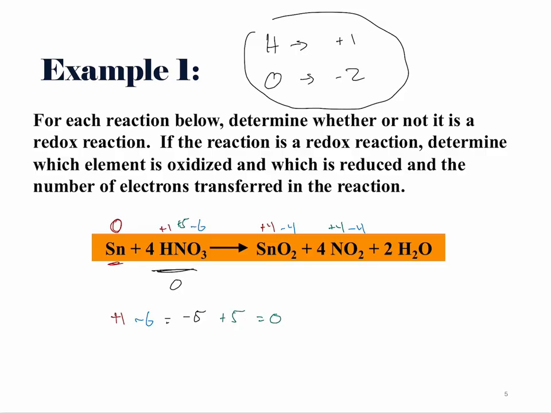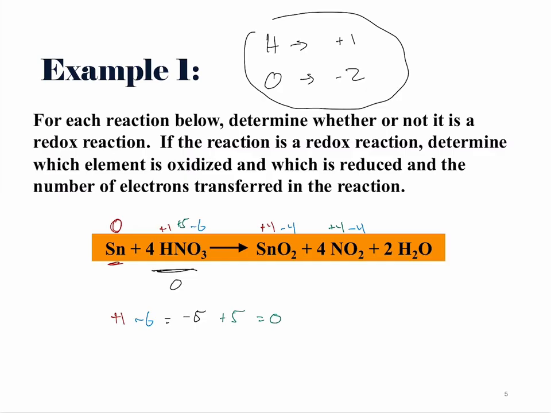And we'll see when we're in different solution conditions, whether it's acidic or basic, how we can balance these half reactions using the fact that the solution is acidic or basic, right? So let's look at the two different processes that could happen here. What happened to tin? Was it oxidized or reduced? It was oxidized, right?